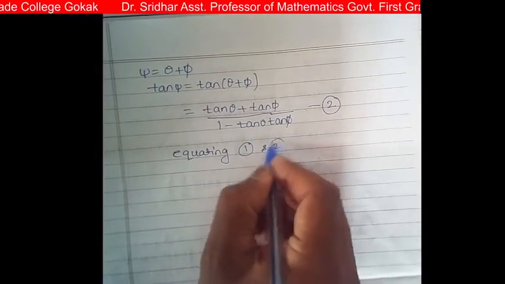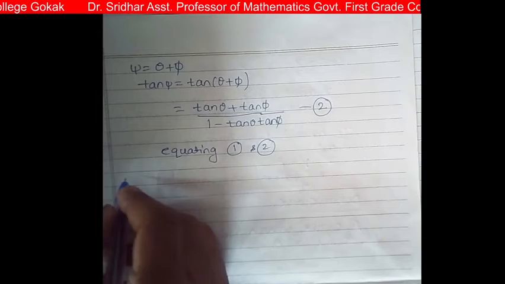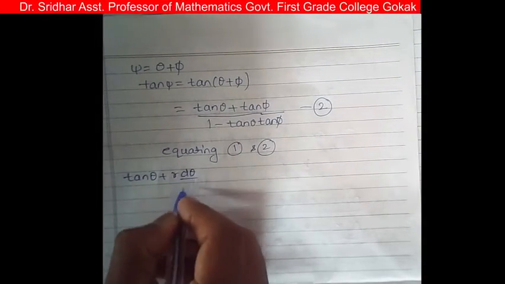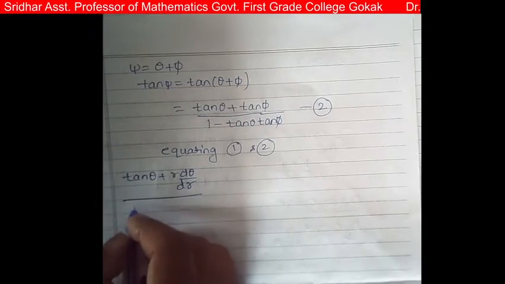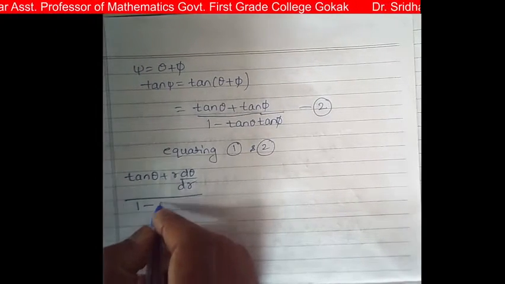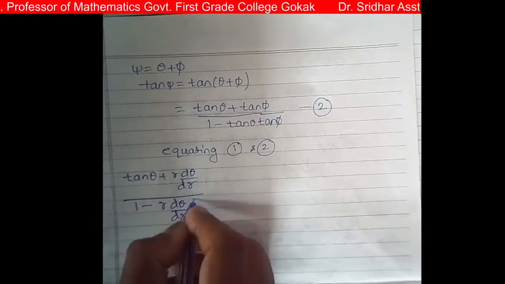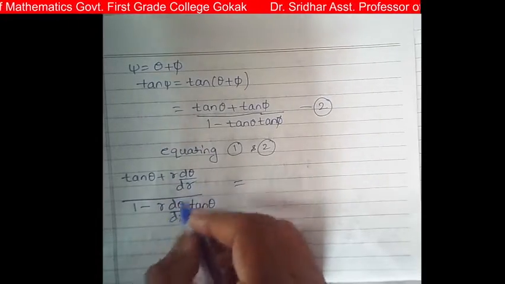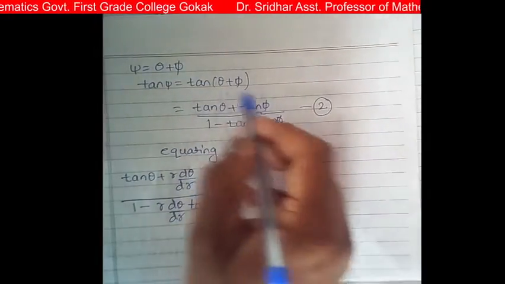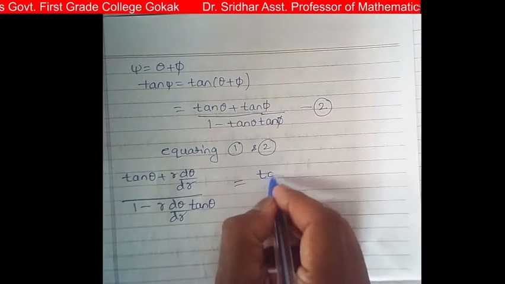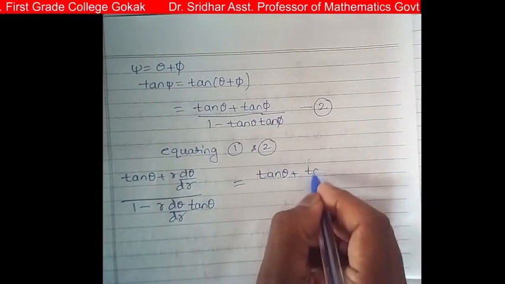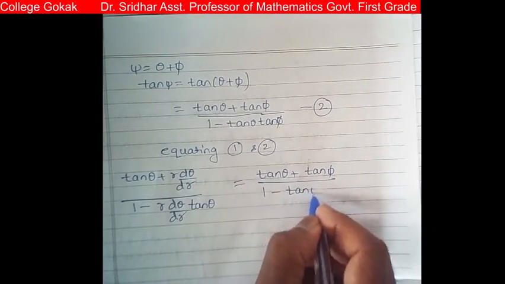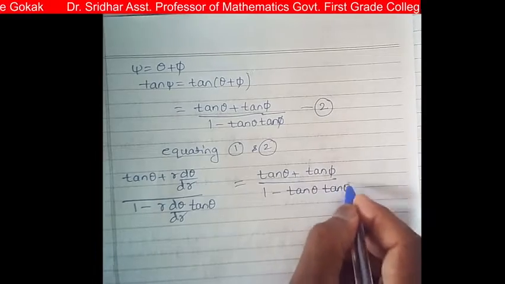Equating equation 1 and 2. In equation 1 we have tan theta plus r into d theta by dr, divided by 1 minus r into d theta by dr into tan theta, and this is given in equation 2 as tan theta plus tan phi divided by 1 minus tan theta tan phi.